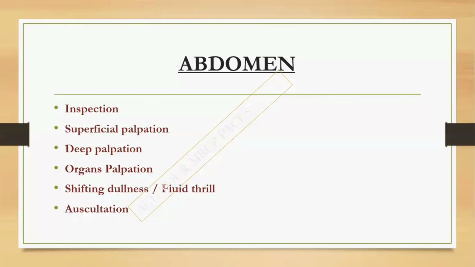You will only perform the fluid thrill. After that you will check the lymph nodes of this patient, para-aortic lymph nodes basically, and then you will move towards auscultation. In auscultation, you will listen for the bowel sounds, and you should also listen for bruit over the liver and bruit over the spleen.